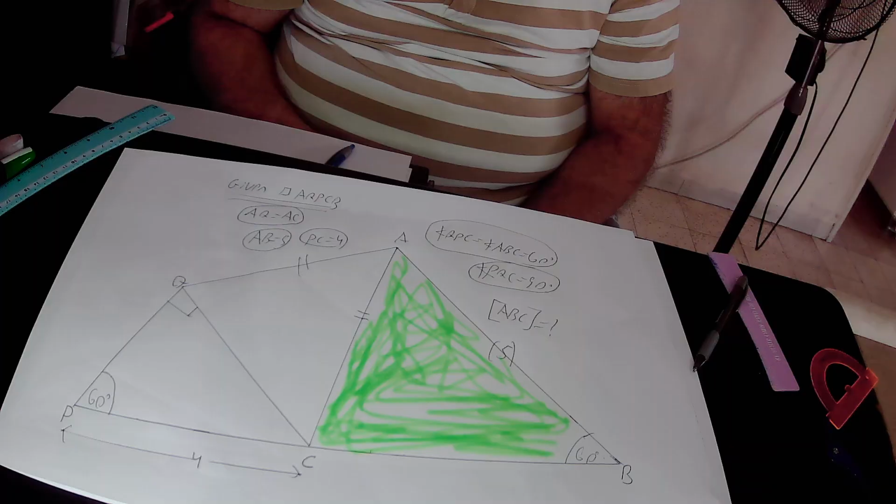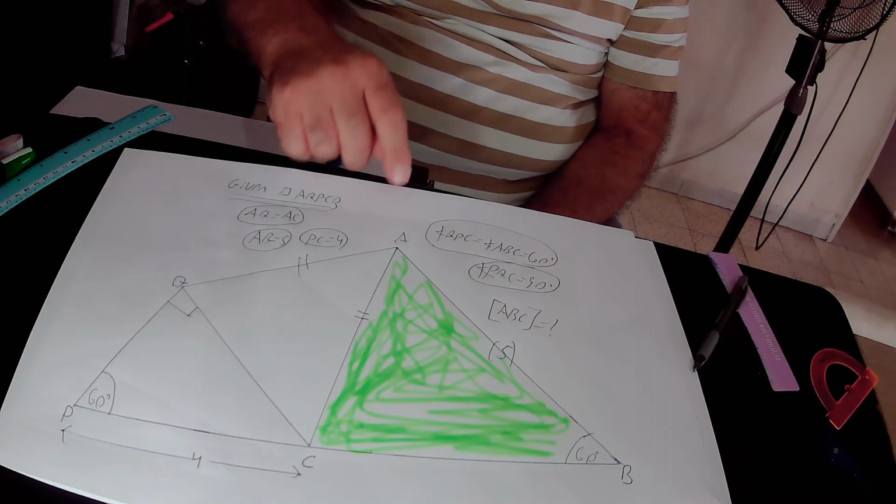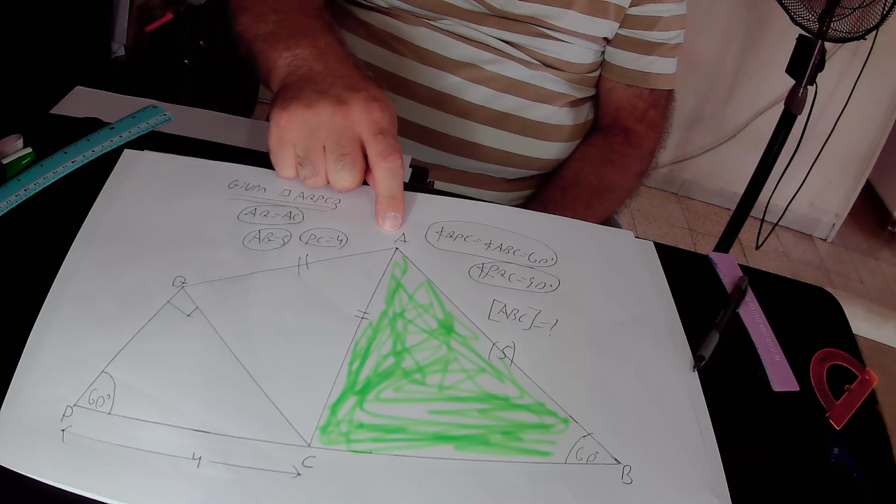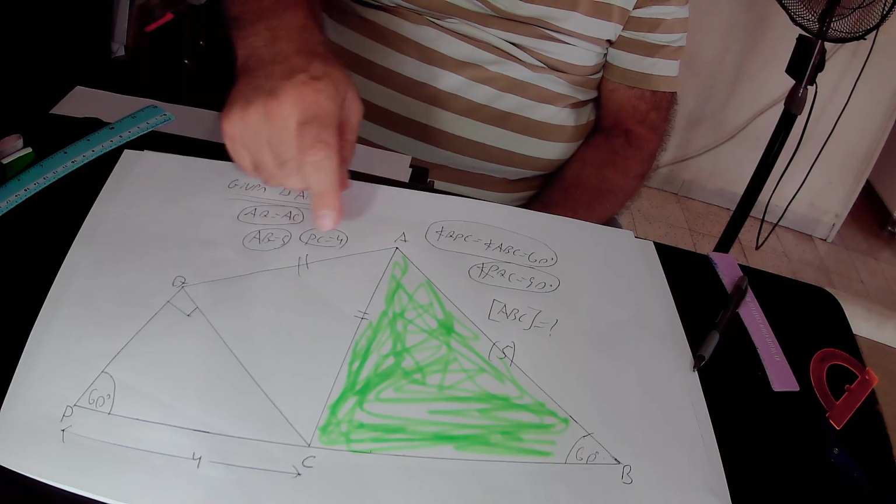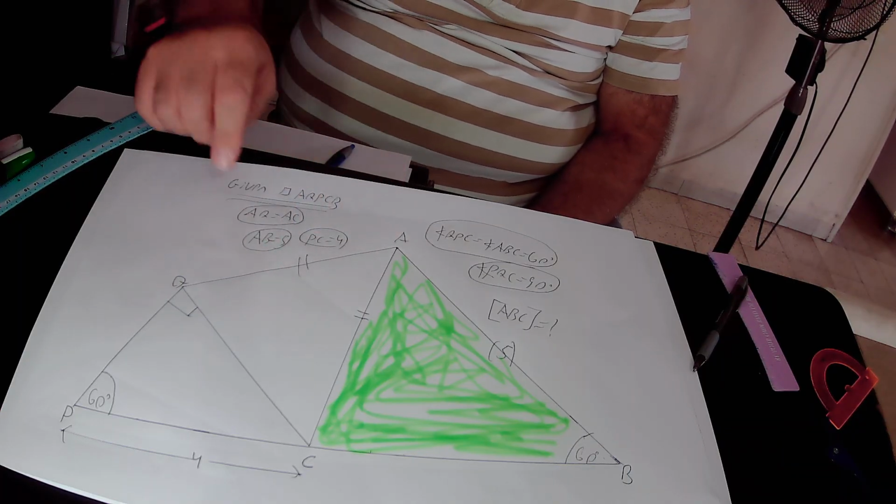So first of all, from point A, we go perpendicular on QC.